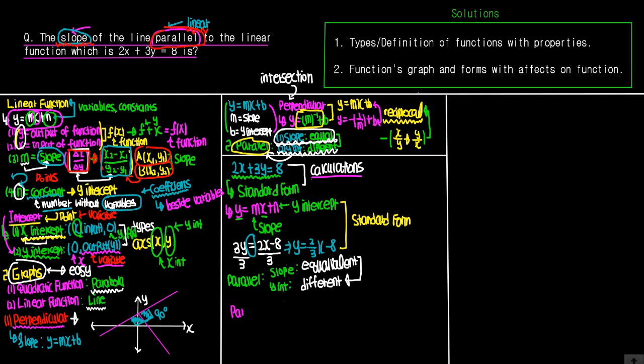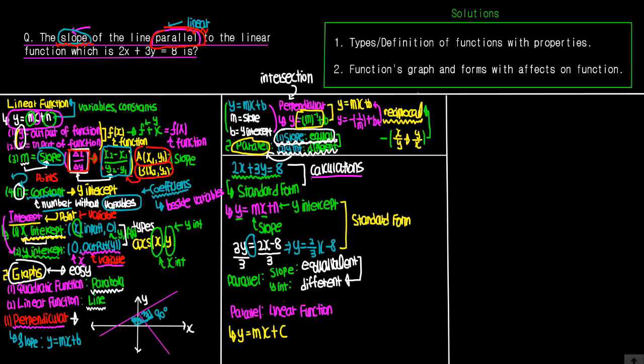If you think about the parallel line, it should also be a linear function because it says it is a parallel line to our linear function, y is equal to 2 over 3x minus 8. The parallel line will also be y is equal to mx plus b, but should always have a different y-intercept, so we'll notate it as c.